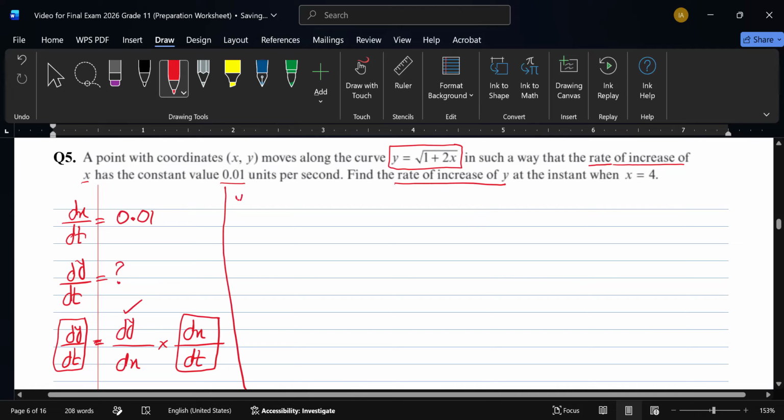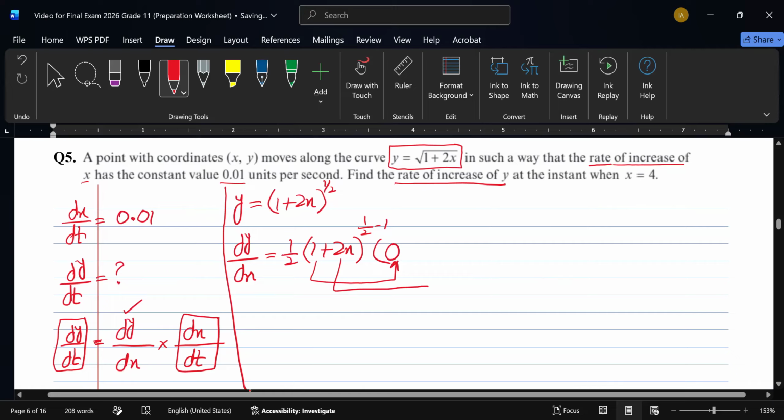For the differentiation, I can see in the equation there's a square root. It means the power is half. The rules are very simple for the bracket. First, multiply by the power. Inside the bracket, nothing changes. Subtract 1 from the power. Now differentiate whatever you have inside the bracket, starting with the 1. The constant becomes 0. Then we differentiate the second part, which is 2x, so it's going to be 2 times x to the power 1 minus 1.